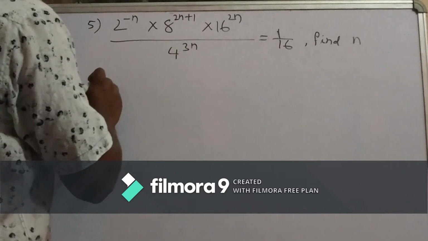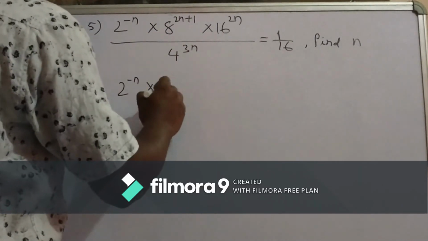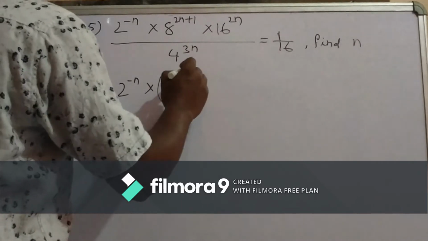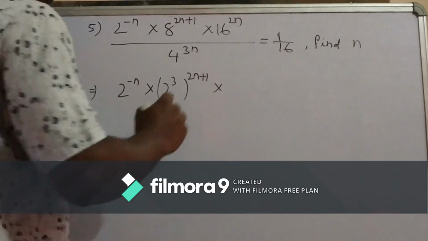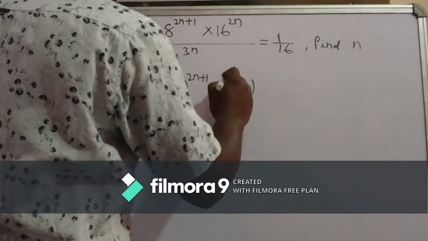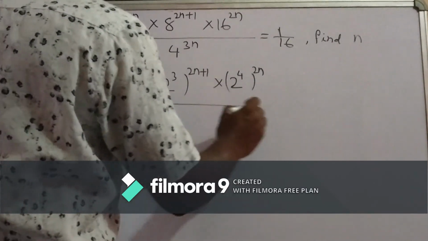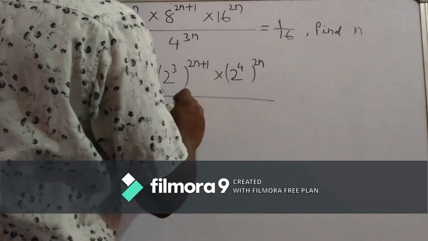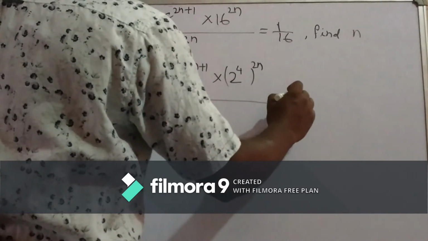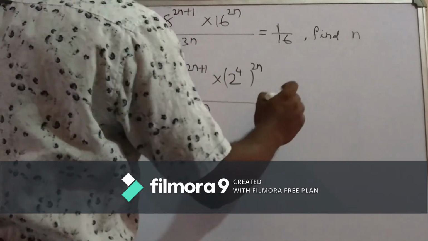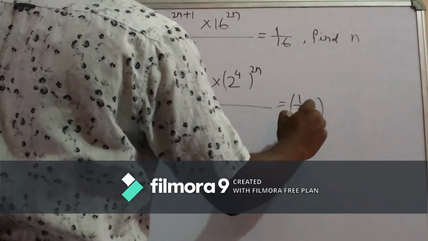So here 2 is already there, 2 to the power minus n. 8 we can write 2 to the power 3, to the power 2n plus 1, into 16 we can write 2 to the power 4, to the power 2n, all divided by 4 we can write 2 to the power 2, to the power 3n, is equal to 1 by 16. 1 by 16 also in the power of 2 we can write 1 by 2 to the power 4.